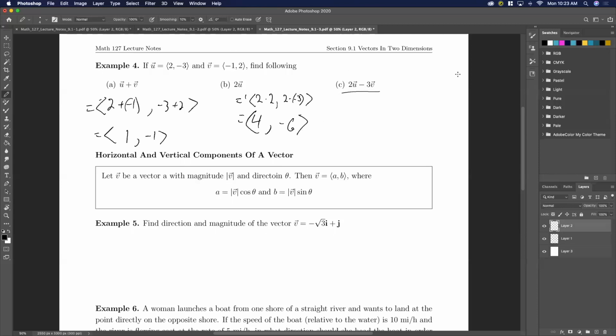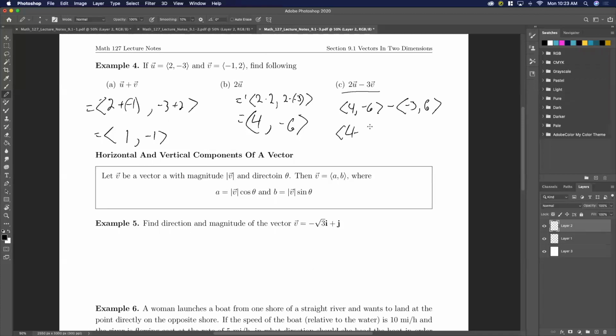And then here we can do a simple expression. Do I know what 2 times u is? Yeah, I already did that. It's 4, -6. Minus 3 times v. Let's go ahead and crunch that through. That'll be -3, positive 6. And then here we'll just do the subtraction.